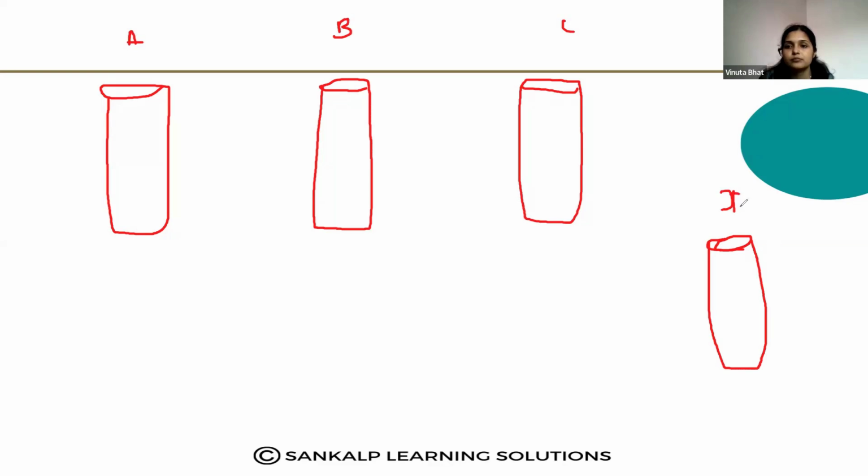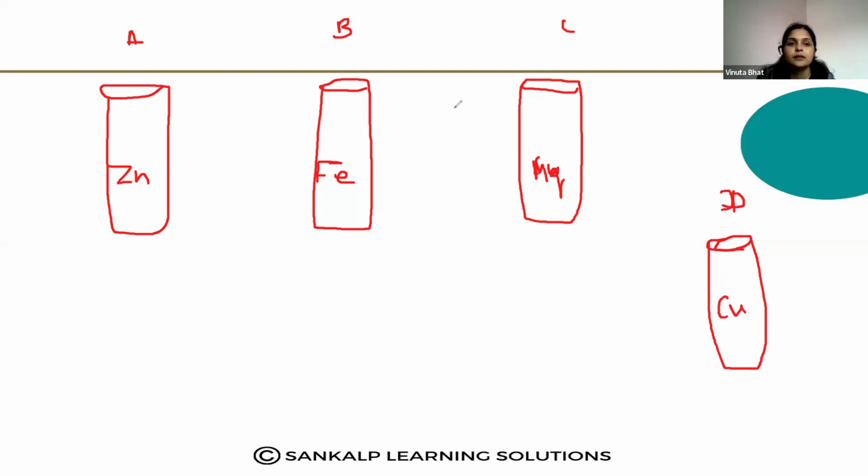And here in the first test tube, zinc. The second test tube, iron, and copper in the third test tube, sorry, magnesium in the third test tube, and in the last, copper.